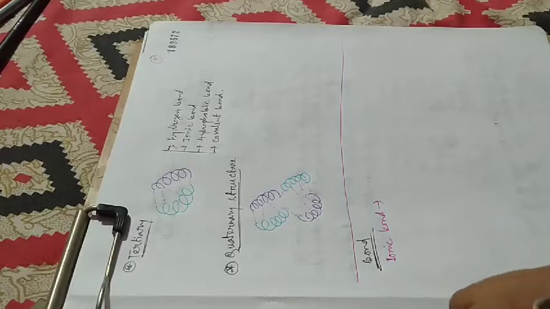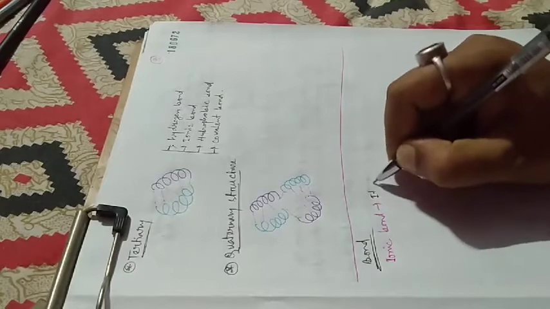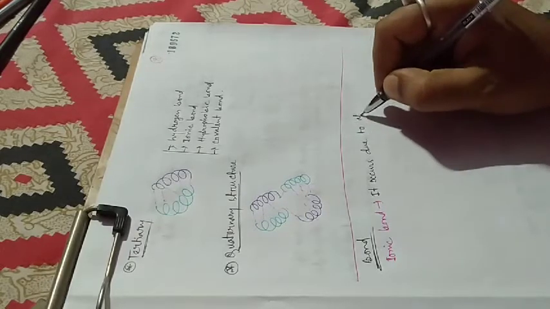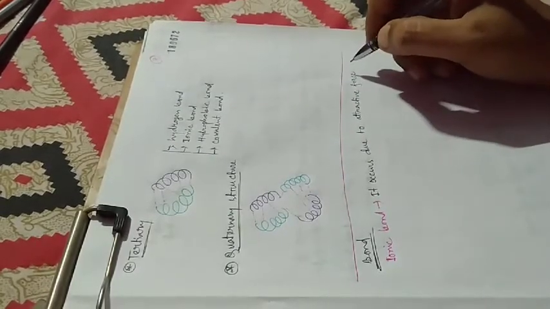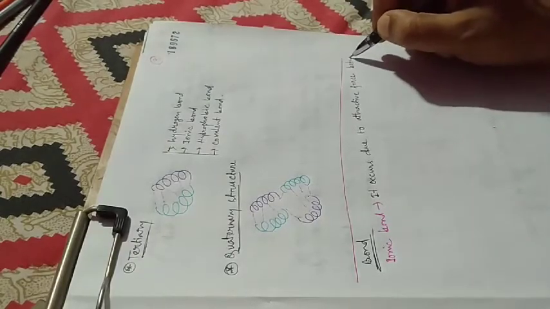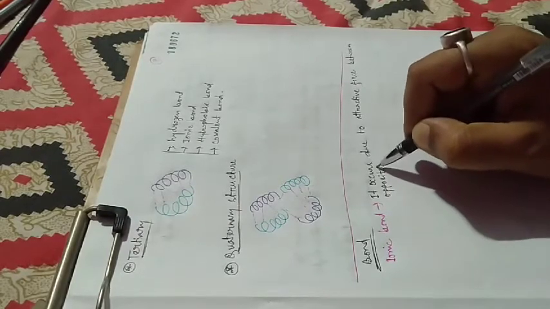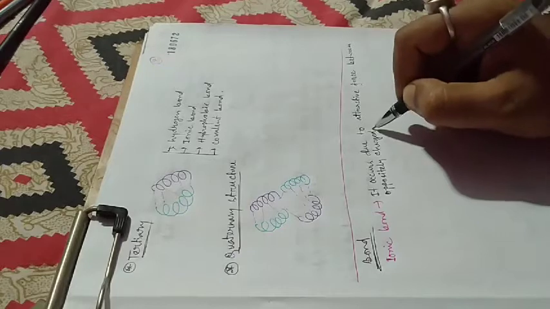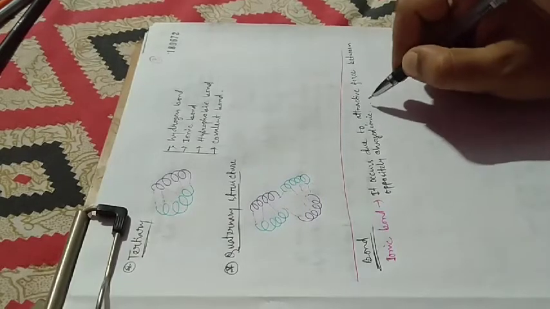An ionic bond occurs due to attractive force between oppositely charged ionic groups.